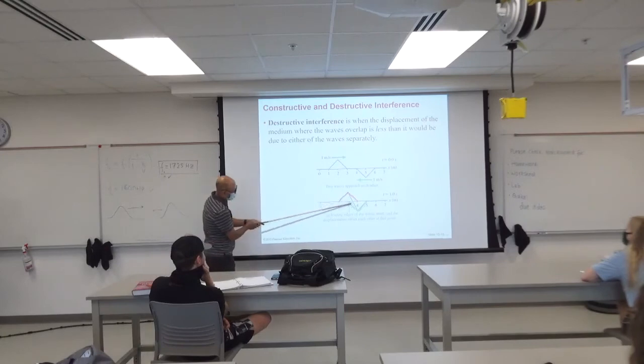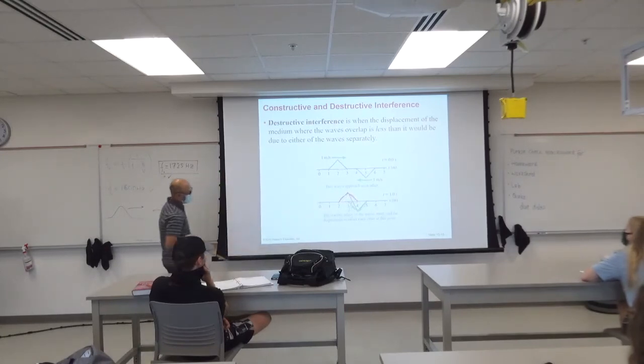You are subtracting this green one from the red one, and then you get this line. So the resultant is that wave. Okay, so this part, that part, and that part. So that's the resultant.